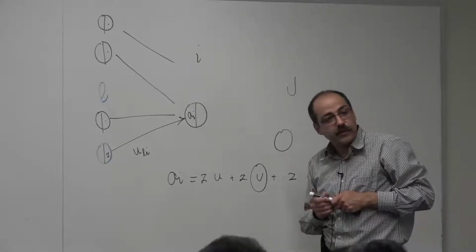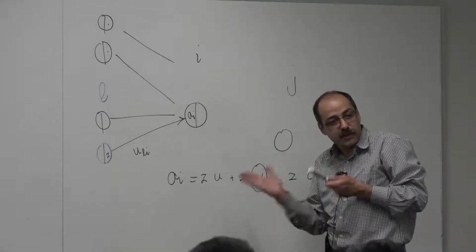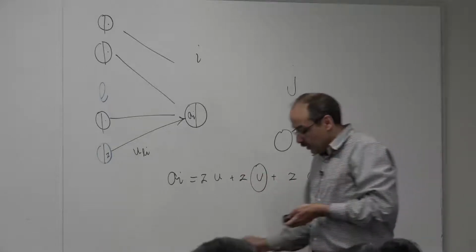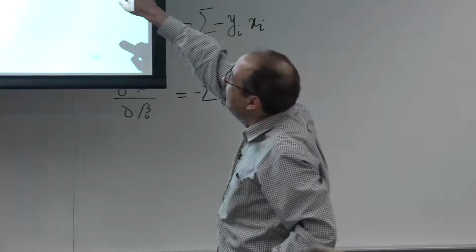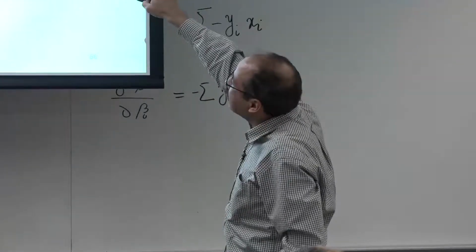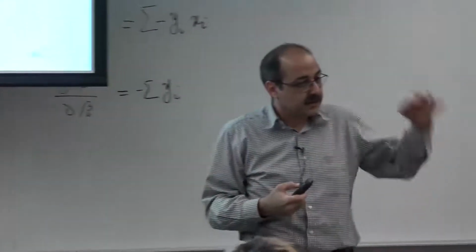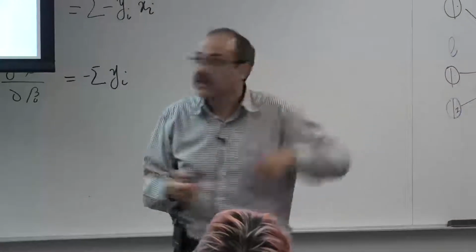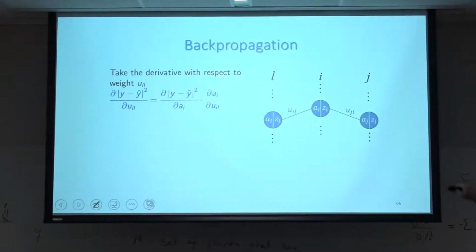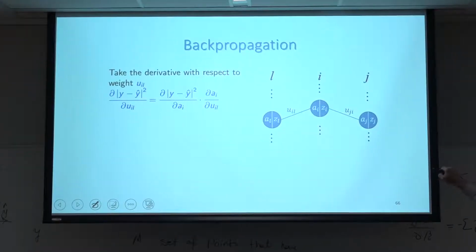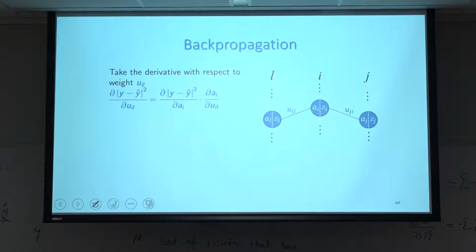So what would be the derivative? The corresponding Z, right? So derivative of AI with respect to UIL simply would be ZL, the corresponding Z, right? So I know this derivative. But what's the derivative of this cost function with respect to AI?